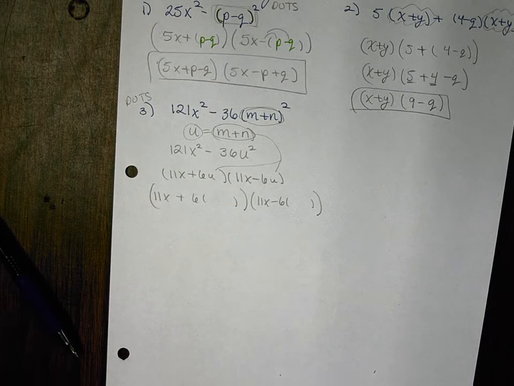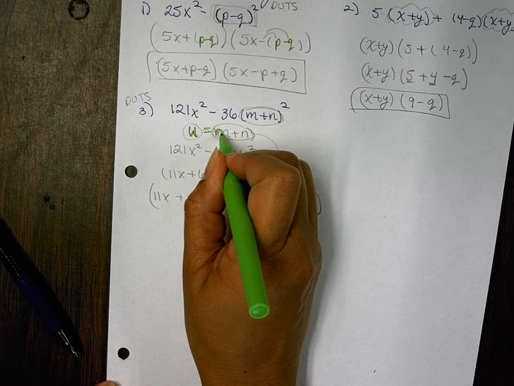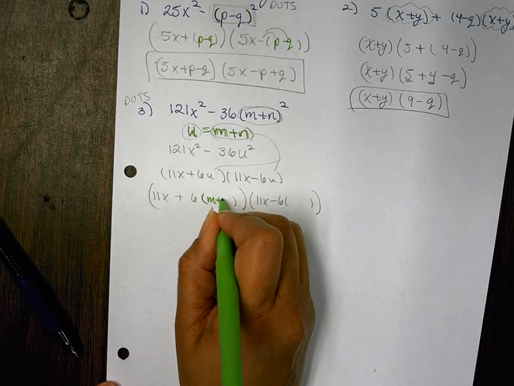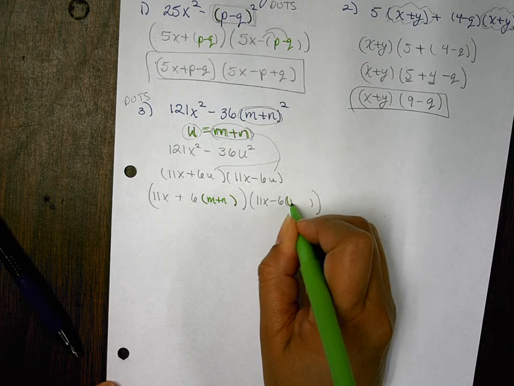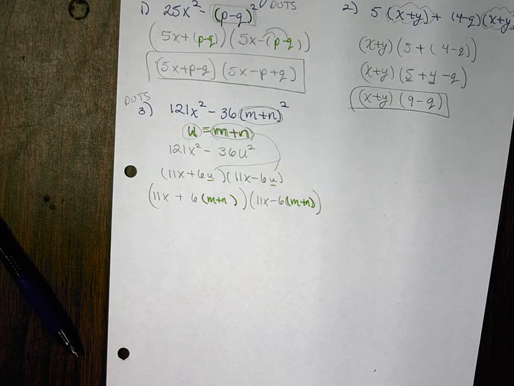And what's going to go in is what u originally was, and u was m plus n, so I'm just going to put that back in here, m plus n, into both the parentheses, because that's what u is.